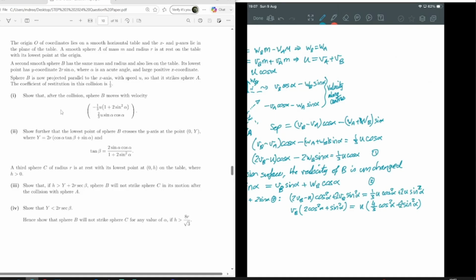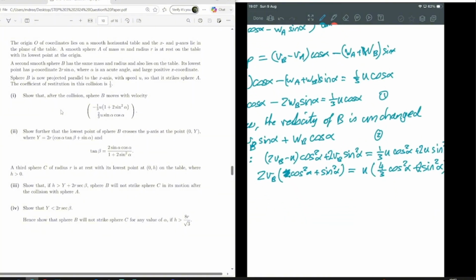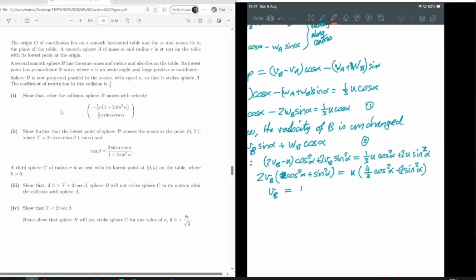So there's a 2 there, and I can factor that entire 2 out, and that's a 1. So that's really pleasing. This bracket here is just cos squared plus sine squared is 1. So therefore VB, if I divide everything by 2, is u 2/3 cos squared plus sine squared.